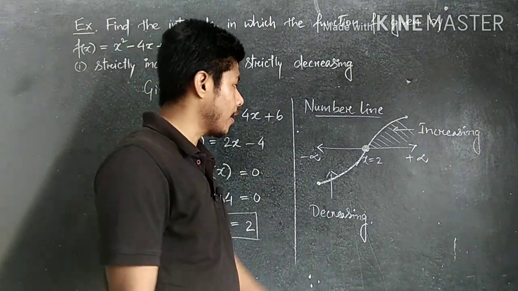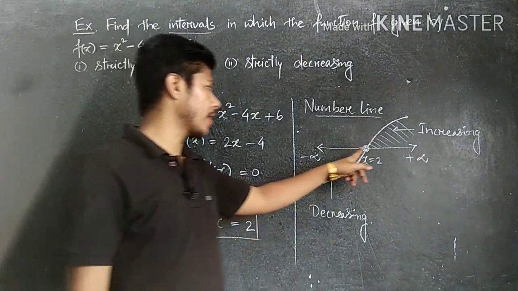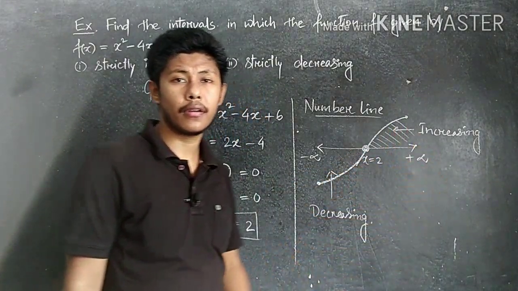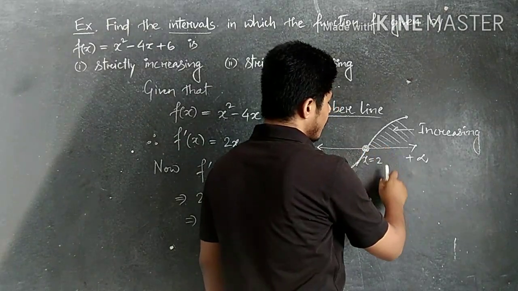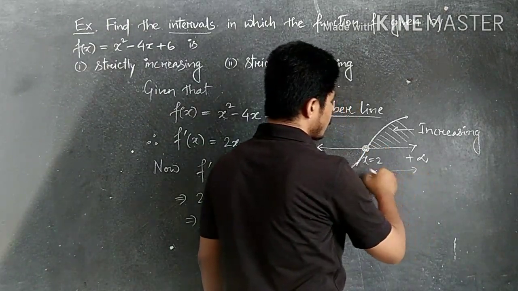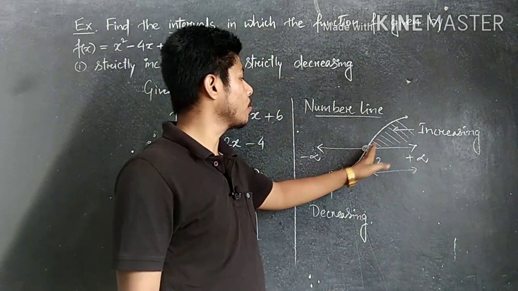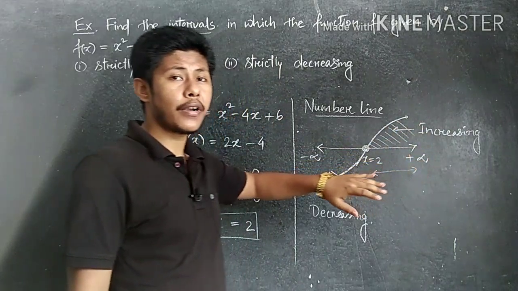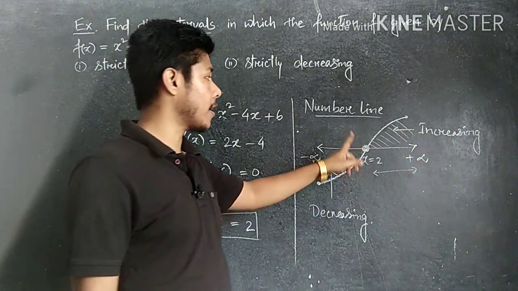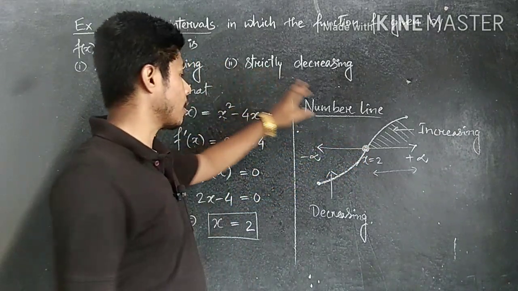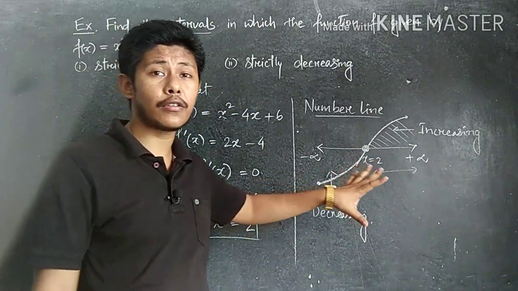The critical point is not included. If this point is not included, the interval is in between 2 to infinity. This one is the increasing part here and it is mentioned strictly increasing, so the point is not included, so we have to write here excluding.